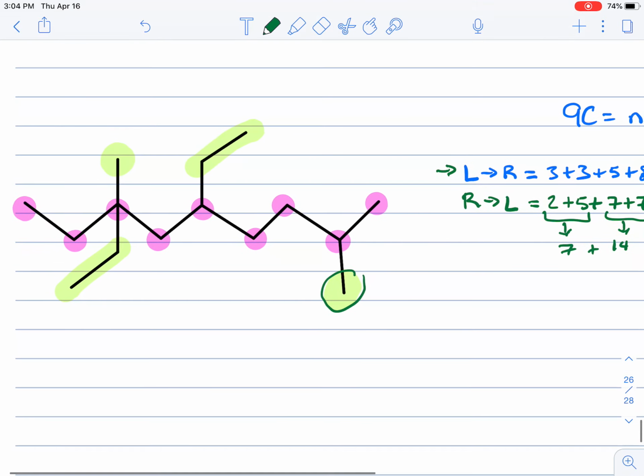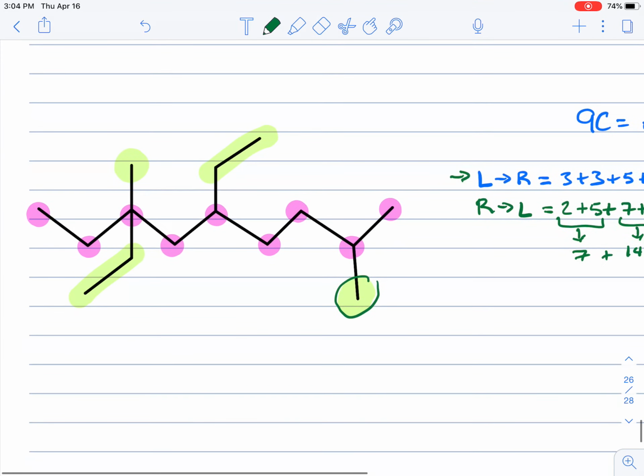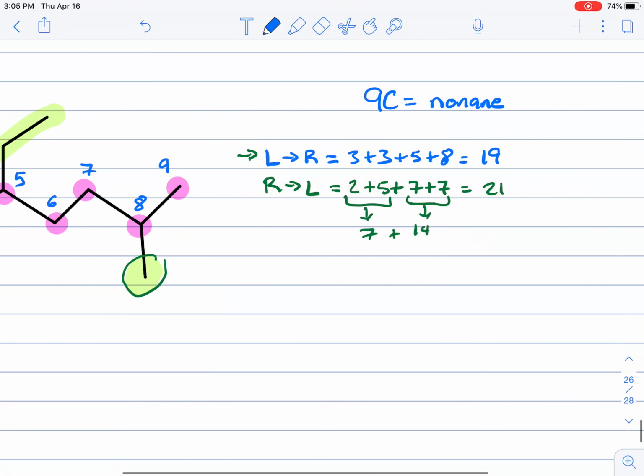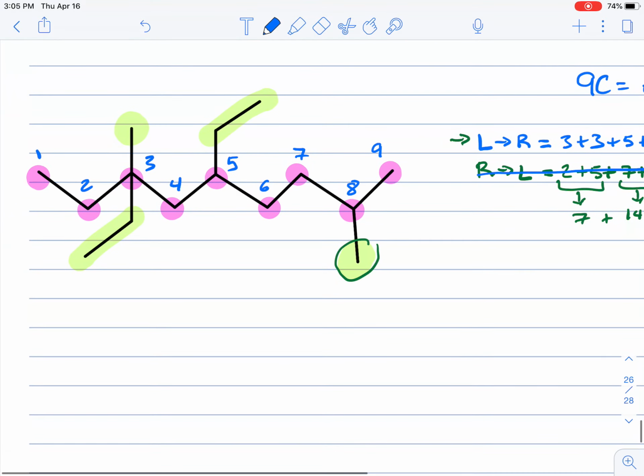And so I'm going to go ahead and keep the left to right. So here I have 1, 2, 3, 4, 5, 6, 7, 8, 9. Okay. All right.